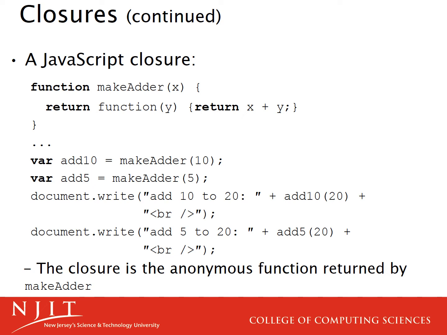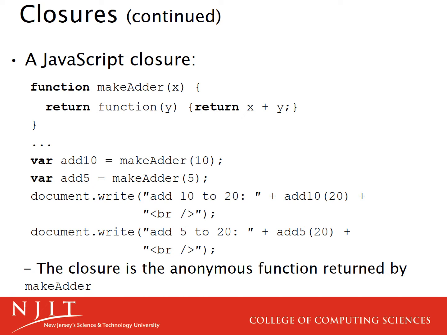If we look a little bit further down, I create a variable named add10, which is the function that adds 10 to its argument. And then I have another function called add5, which makes a function that adds 5 to its argument.